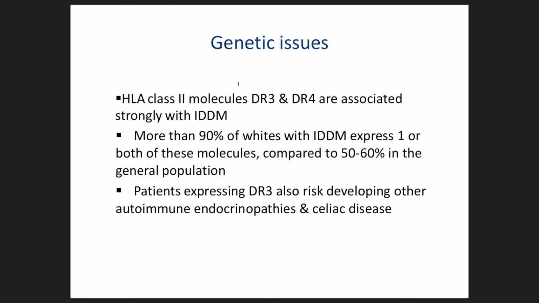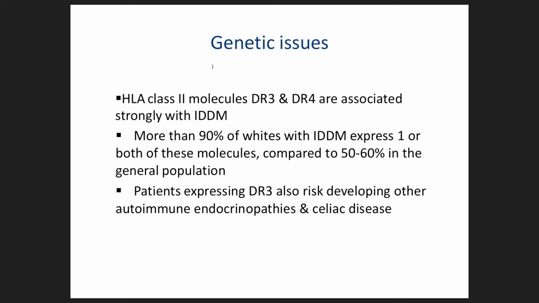If we look at the genetic issues of type 1 diabetes, there is something called HLA screening. When we screen type 1 diabetes patients, we found that more than 90% of them have DR3 and DR4. So HLA DR3 and HLA DR4 make a strong association to develop type 1 diabetes.